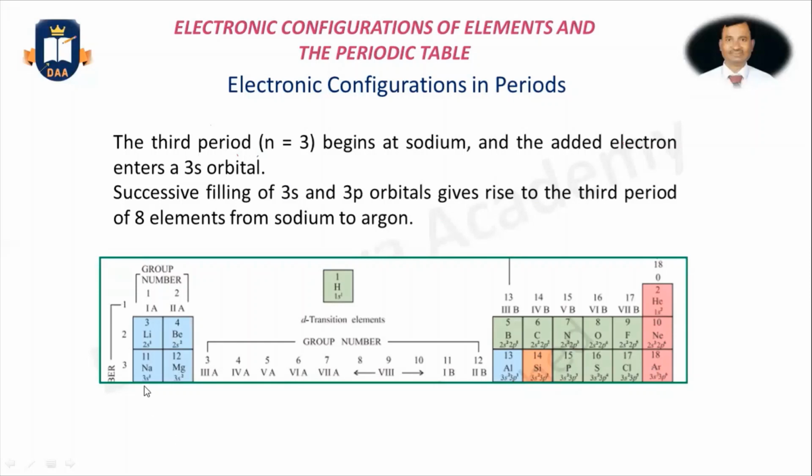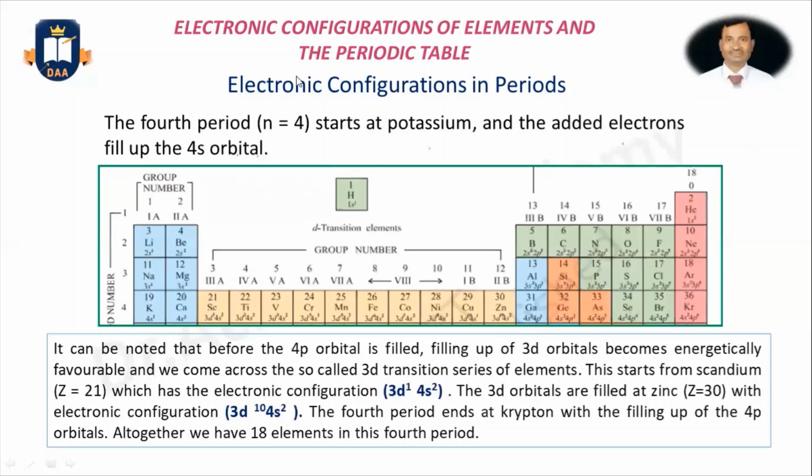If you see the electronic configuration, for sodium it is 3s1, for magnesium 3s2 outer shell electron configuration, and then aluminum 3s2, 3p1, and so on. And last for argon, its outer shell configuration is 3s2, 3p6. So the third period also has 8 elements. Now period number 4.